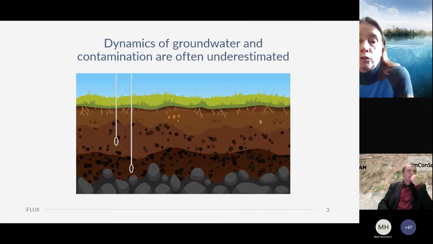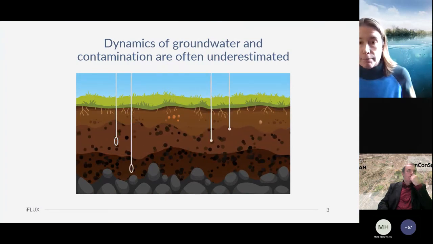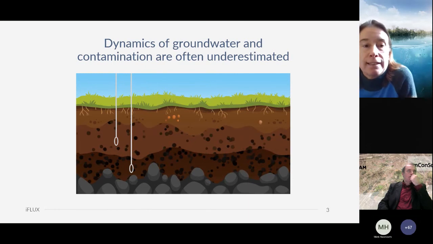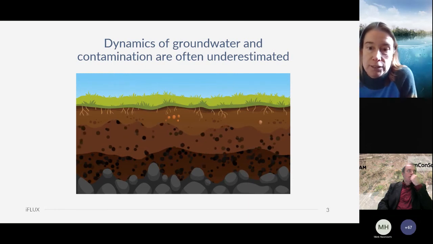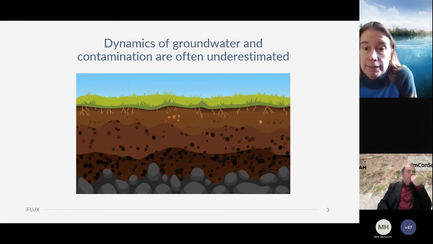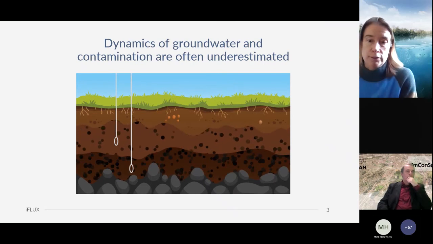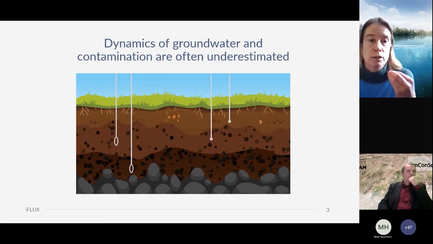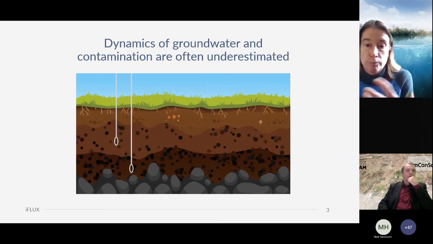Why do we focus on the dynamics of groundwater? Because we see that dynamics of groundwater and contamination are often underestimated. Too often, groundwater contamination is simplified to a static, homogeneous plume.